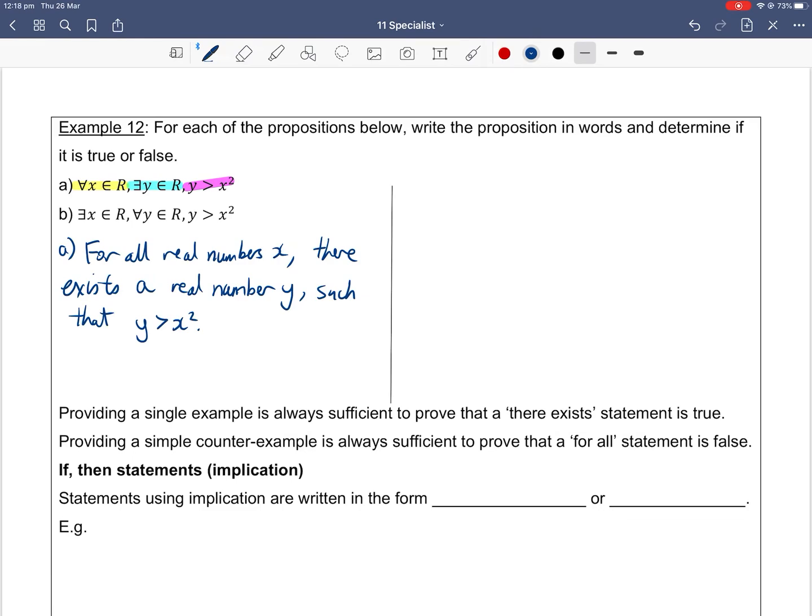Yes, you can, because there's infinitely many real numbers. So regardless of whatever x number you give me, I can always find a number that's bigger than the square of your number. So yes, this is true. So the proposition is true since there are infinitely many real numbers.